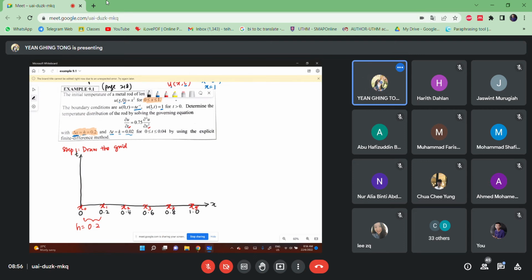As mentioned, t is from 0 to 0.04 with step size 0.02. So this is 0.02 and this is 0.04, because here is T0, this is T1, and this is T2.